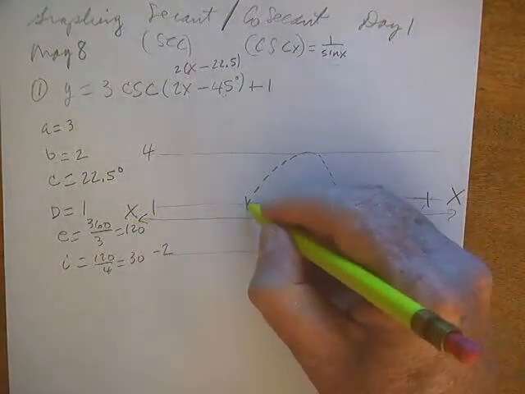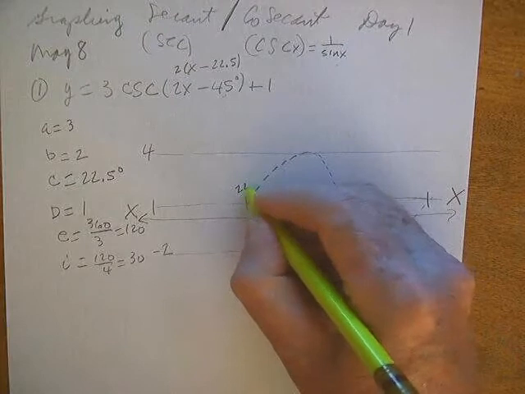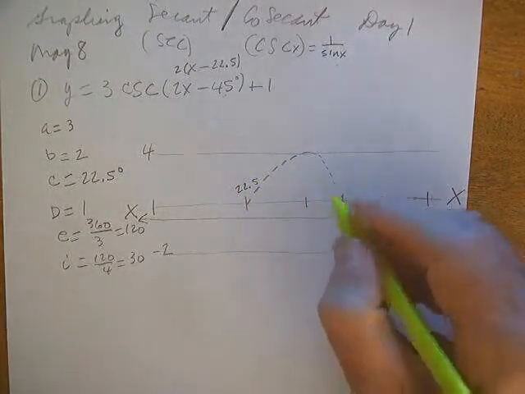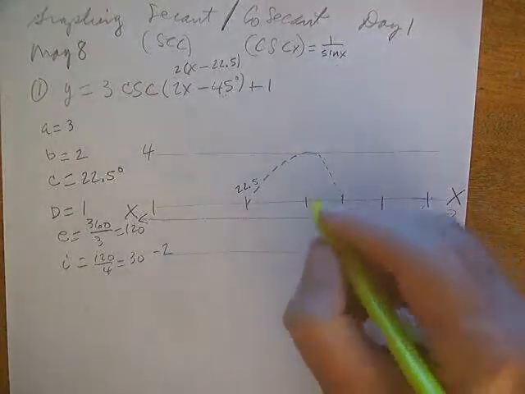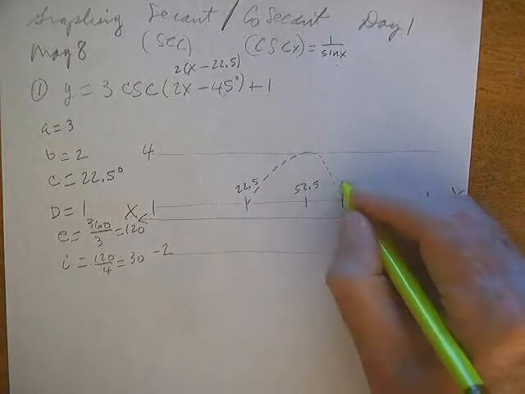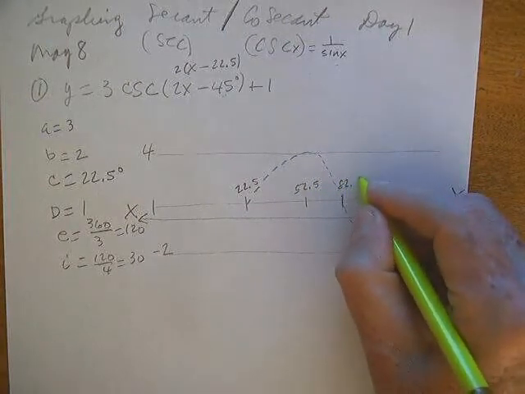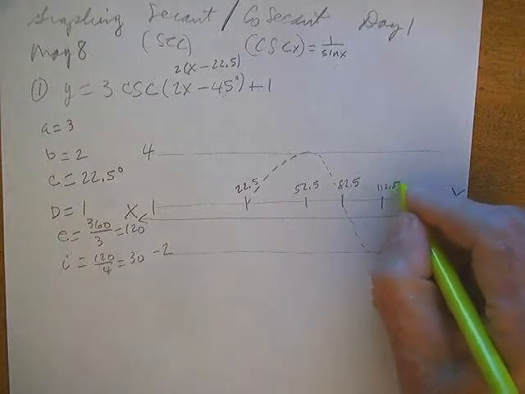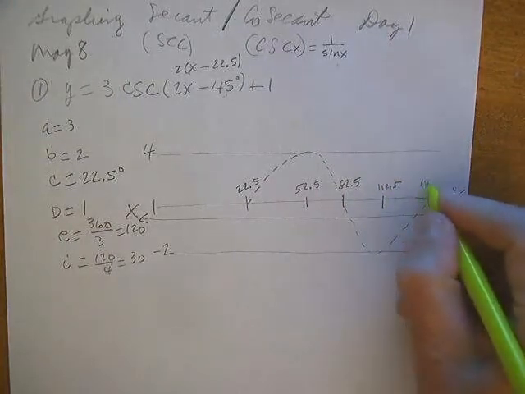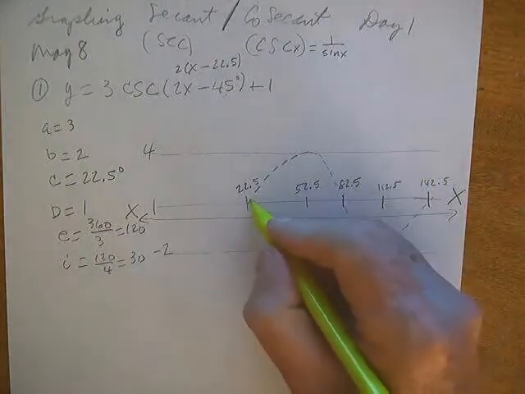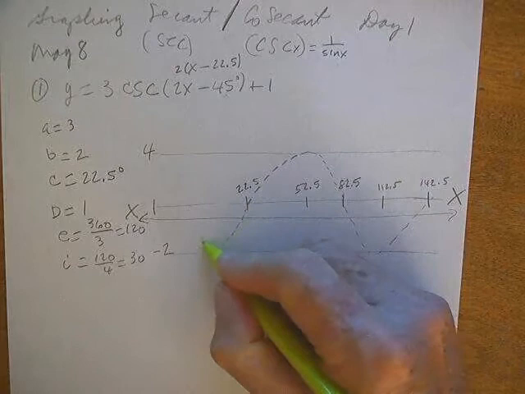Let's see, I'm going to start at 22.5, and every time I'm going to move 30: 52.5, 82.5, 112.5, 142.5. Those all had halves. We don't really care.